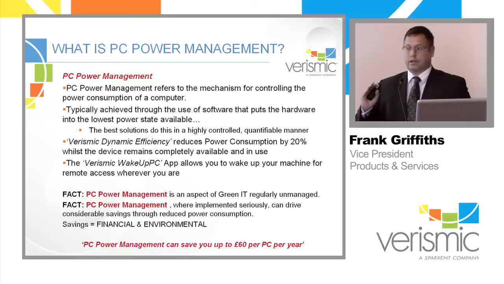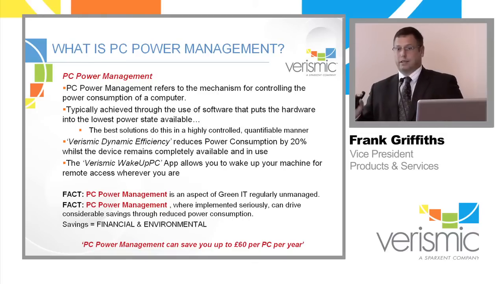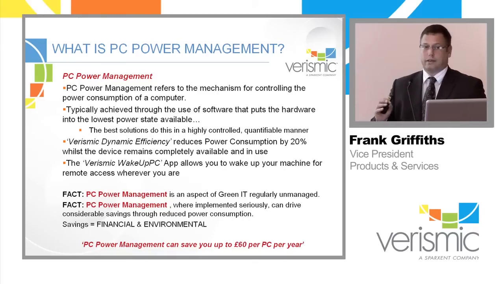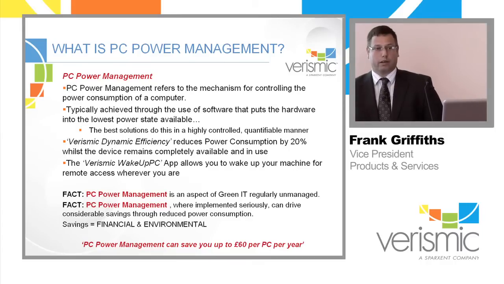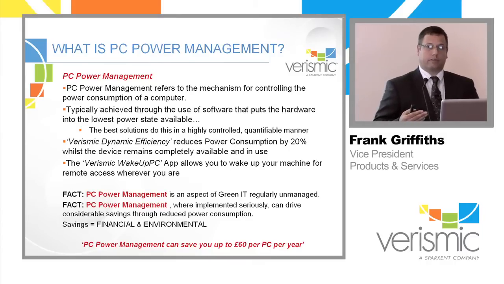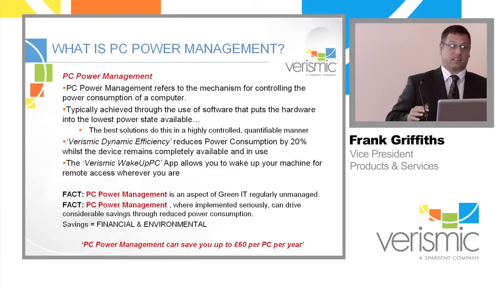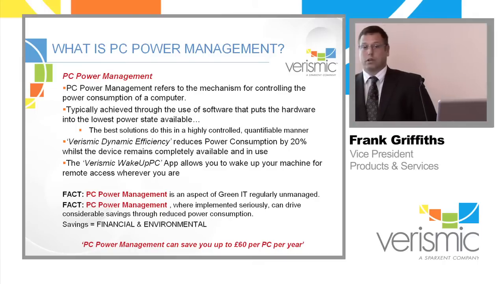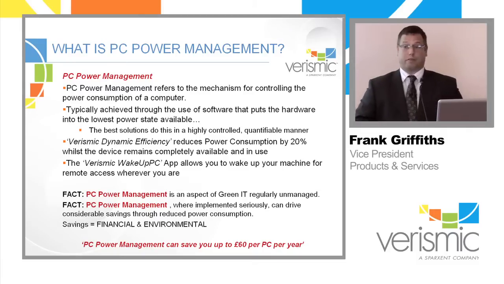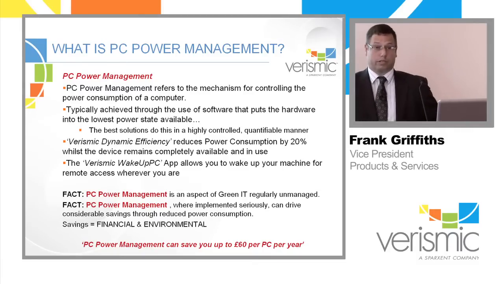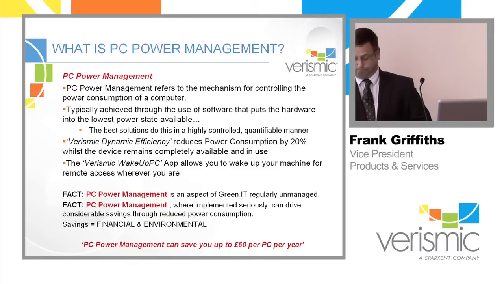By targeting those minutes in the most structural and intelligent way, and through the implementation of Verismic dynamic efficiency, which allows us to target 20% savings even when the machine is on, we can save up to, and it says 60 there, but more like £70 per machine per year. For some larger organisations, that's a huge amount of money. And even for smaller organisations, it's compelling. I think you'll agree.